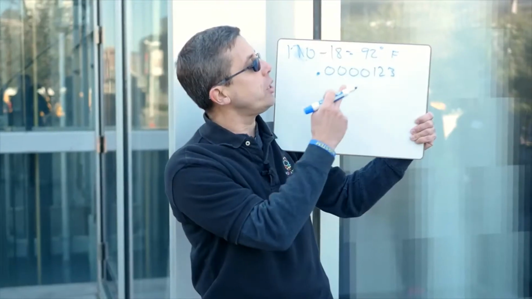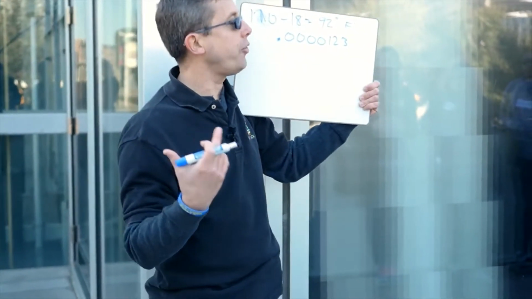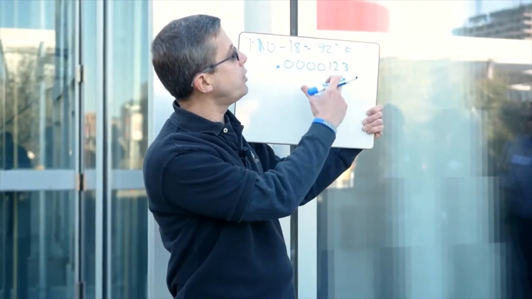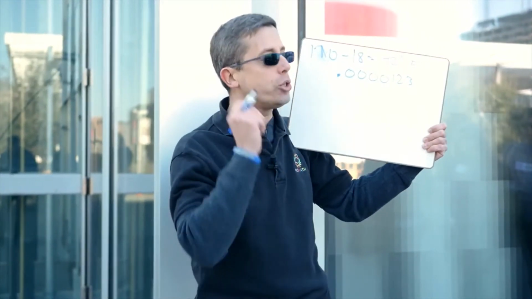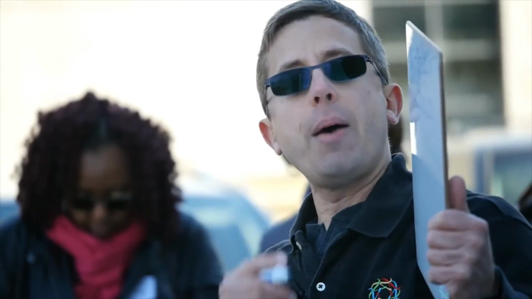So for 92 degrees, if somebody can quickly whip out their pocket computational device, also known as your cell phone, and multiply for me 92 degrees Fahrenheit by this number, 0.0000123. That will give us the expansion factor of aluminum over a 92 degree Fahrenheit change.